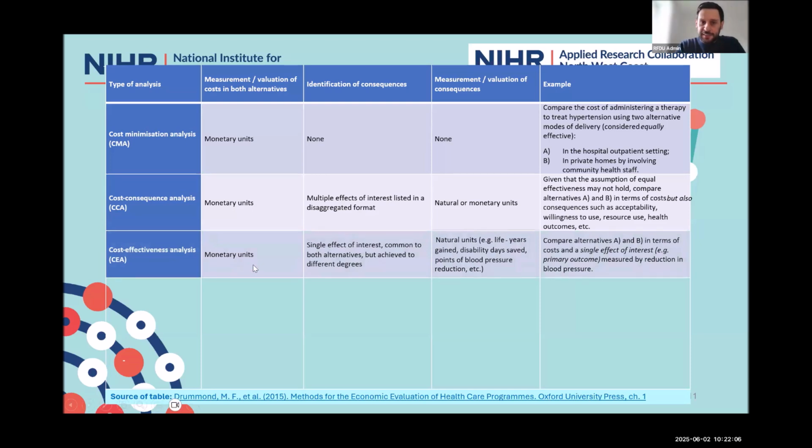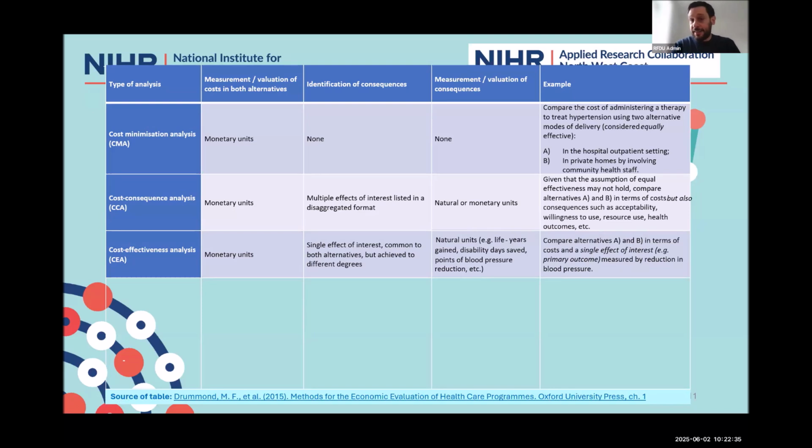Cost effectiveness analysis instead, we are looking at a single effect of interest. So rather than listing things in a separate way as a CCA does, in a CEA, a cost effectiveness analysis, we are looking at a single effect of interest. In particular, if we're looking at the example here, we are going to look at something like reduction in blood pressure, because of course we are considering a population here which is hypertensive people.